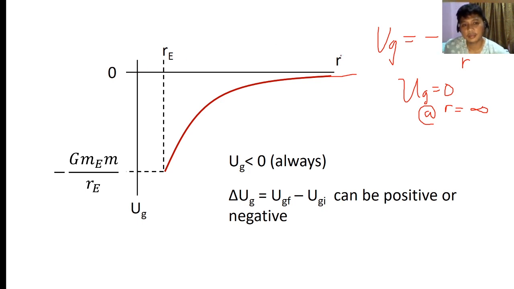So all other values of r that are less than infinite, we are treating their corresponding UGs as below zero. So that's why we have the negative sign. So again, UG is always less than zero, but the change in UG can be positive or negative. So that's the important thing.